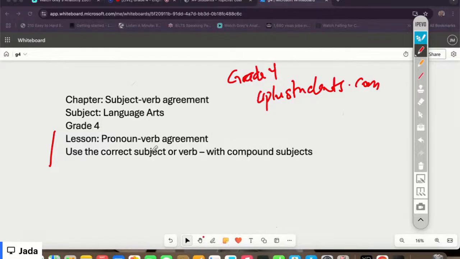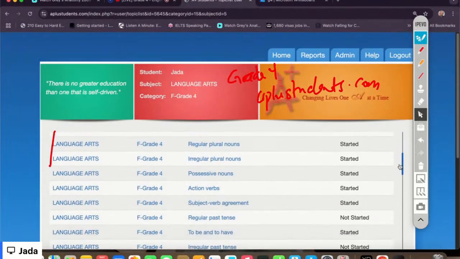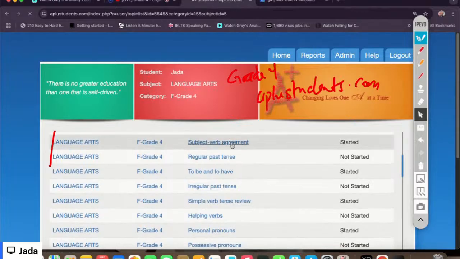pronoun verb agreement. Use the correct subject of verb with compound subject. So we did the first two lessons already and we'll finish up the last one today.